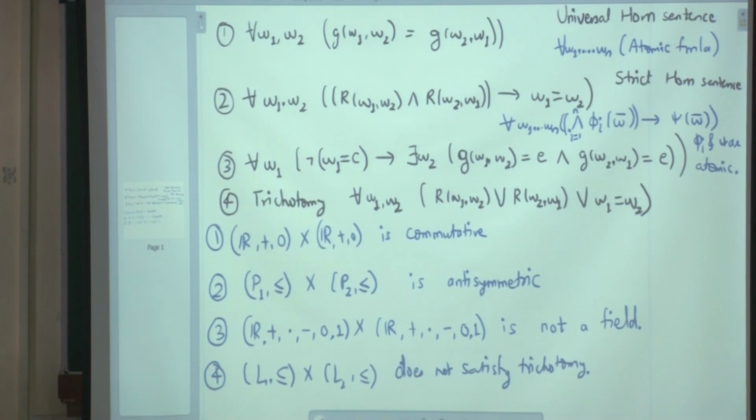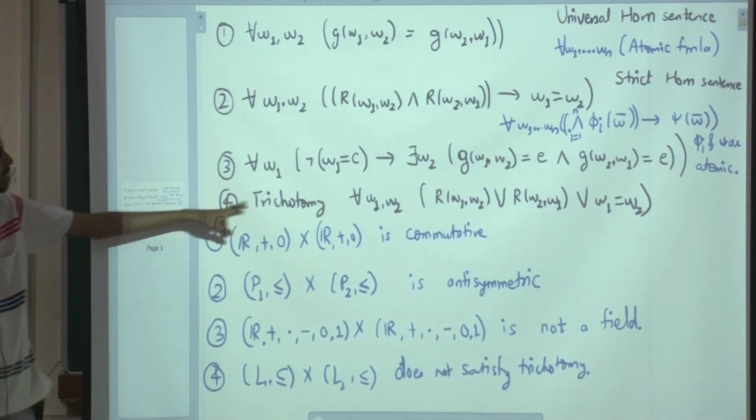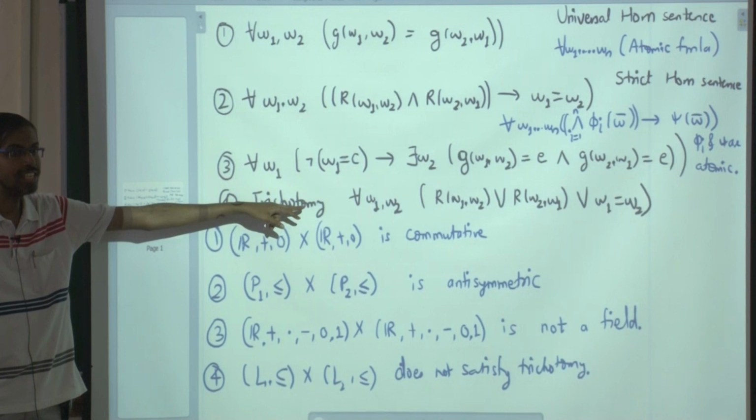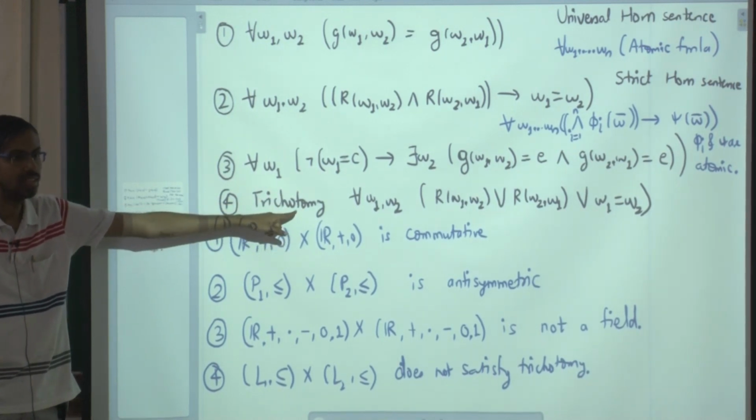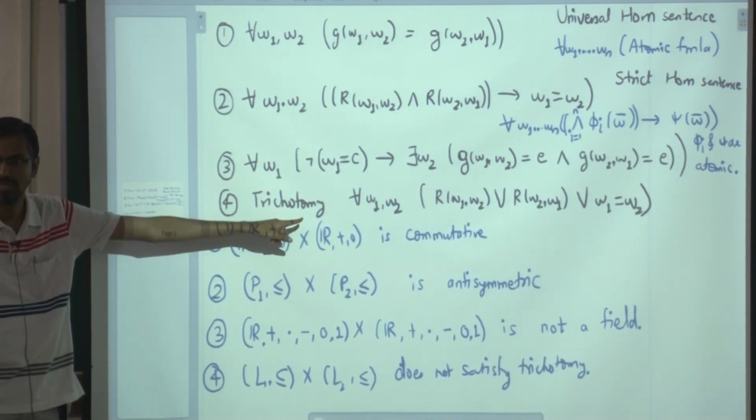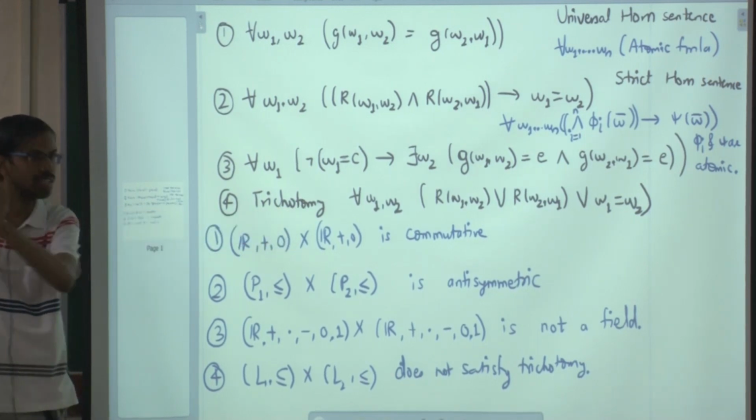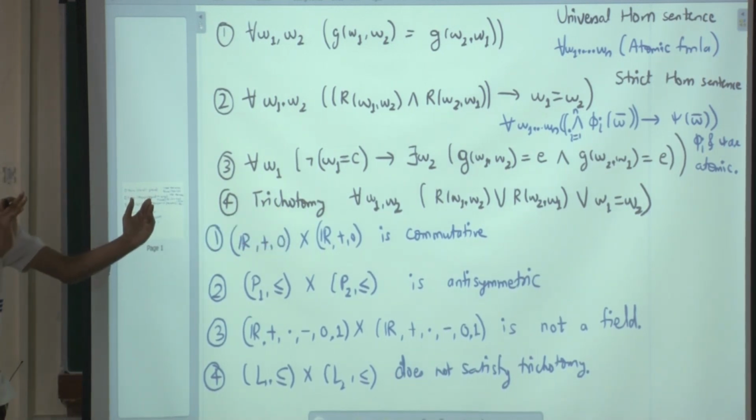So again, look at the form of this particular sentence. This is not a Horn sentence. It's not a strict Horn sentence because it uses universal quantifiers and then disjunction inside.